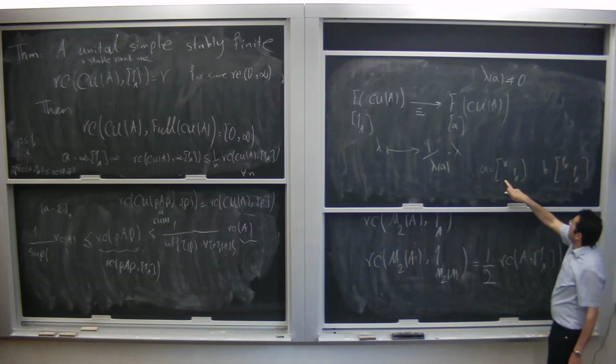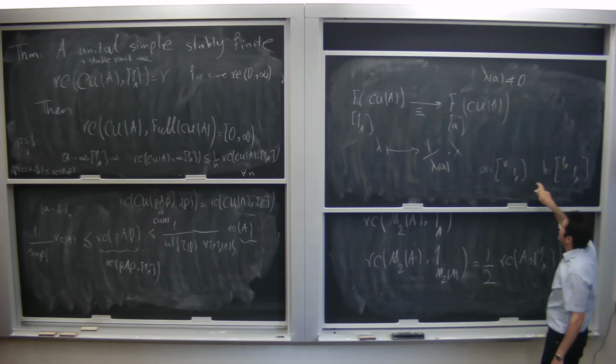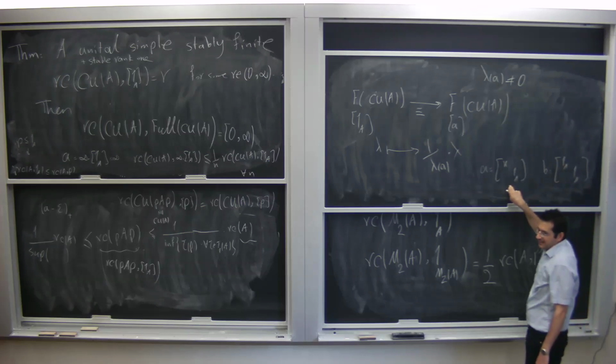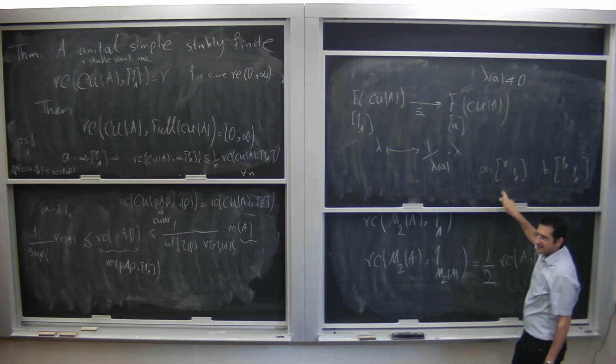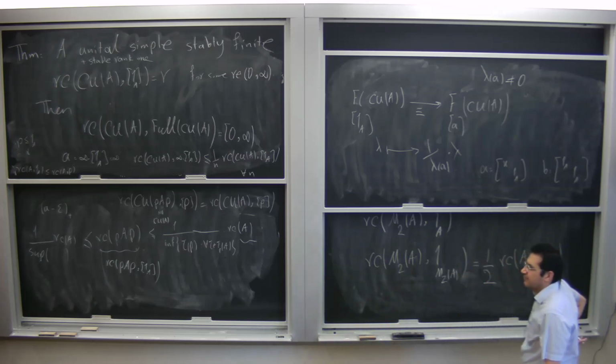If you want to compute the radius of comparison with respect to B, you can easily compute this one, but this one may not be easy. But using this rank ratio machinery, you can at least find a lower bound and upper bound for the radius of comparison with respect to this element. I understood that part, I'm okay with that.